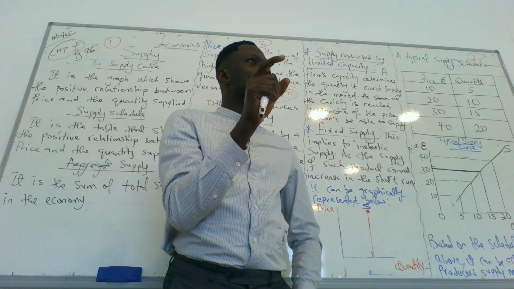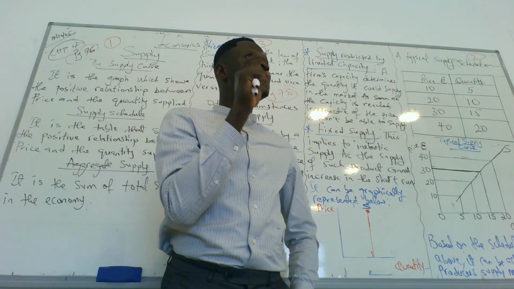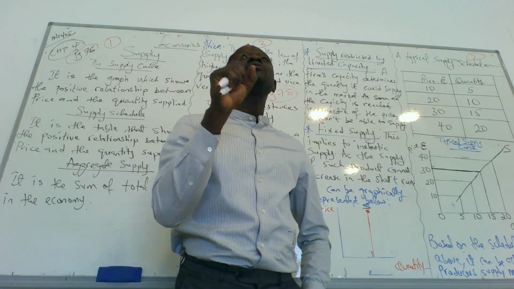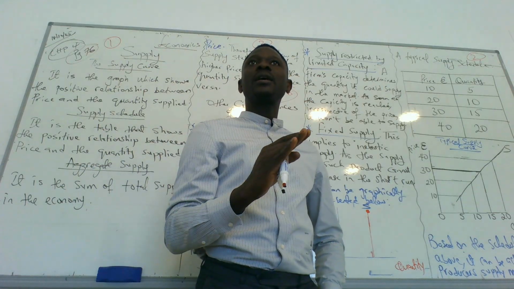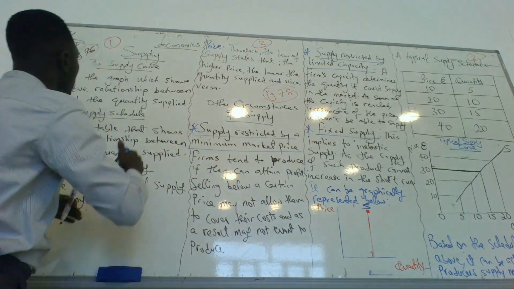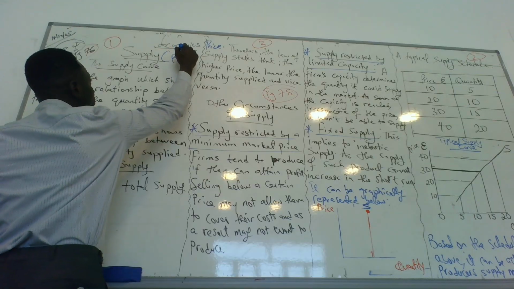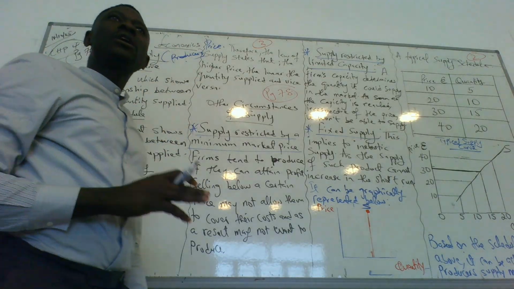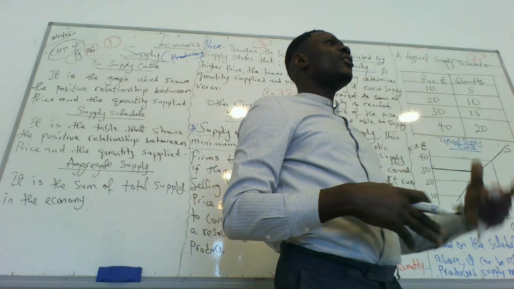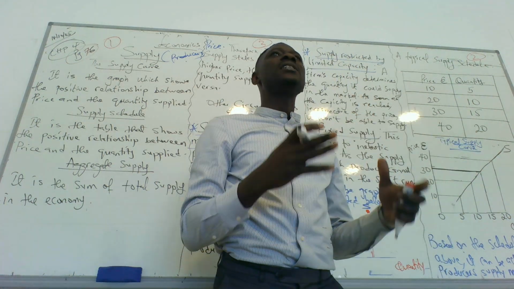Supply simply means the quantity of goods and services producers are willing to supply at a given price and time. When it comes to supply, it's all about producers. So today we want to talk about the supply curve and other circumstances behind supply.